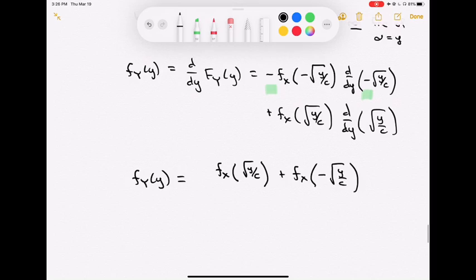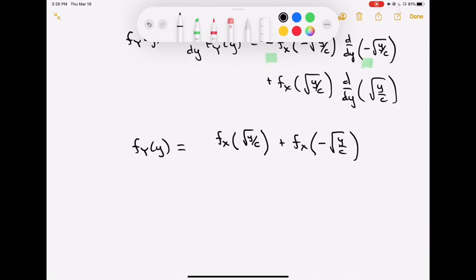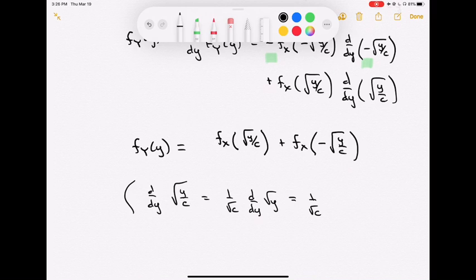That derivative term is going to end up giving me, in this particular case, let's just do a little side calculation. I need to do a d dy of root y by c. That's a 1 over root c, and I'm going to do d dy of root y, which is a 1 by root c. The derivative with respect to y of the square root of y is going to be 1 over the square root of y. So in this particular case, I can have those come together in a nice way.